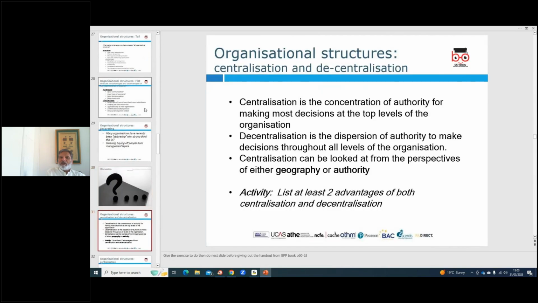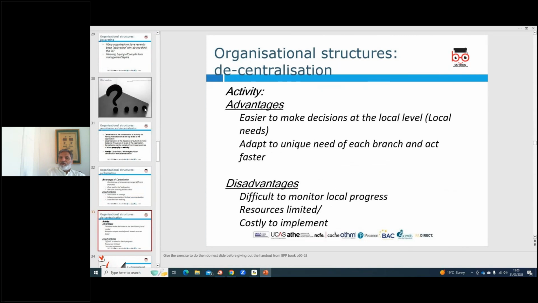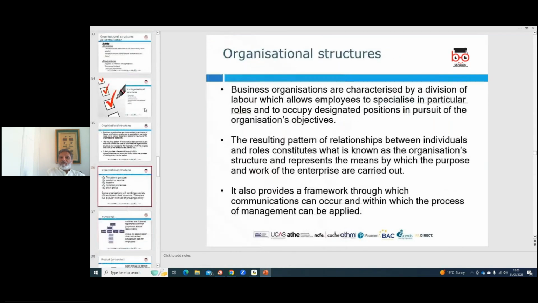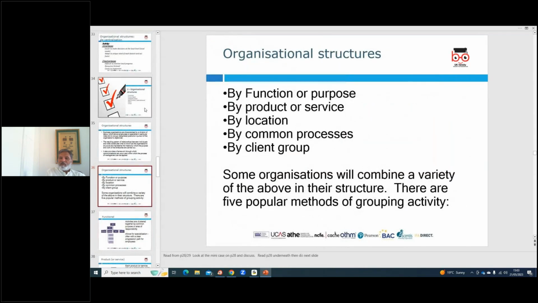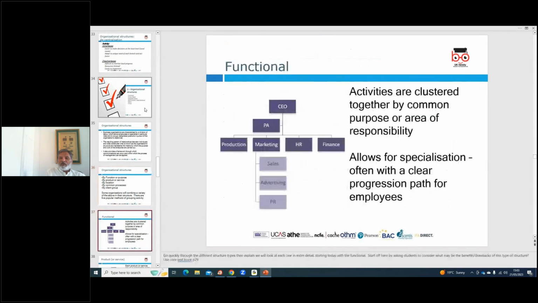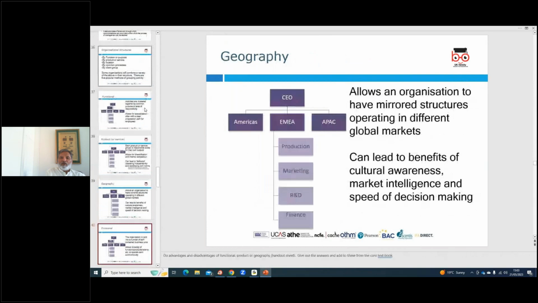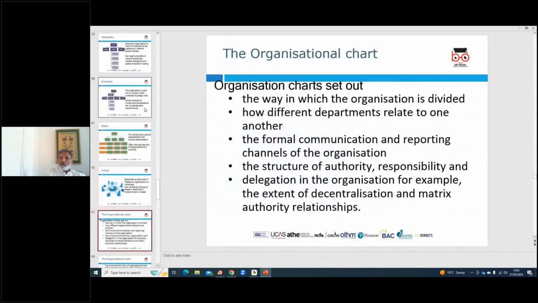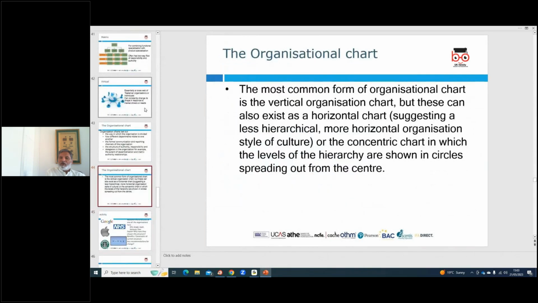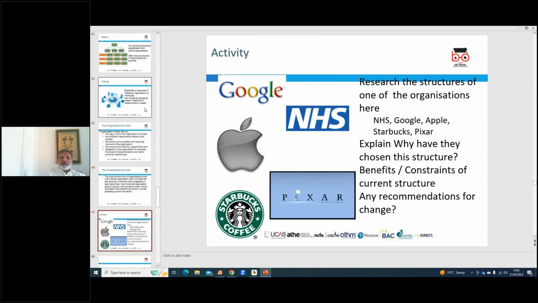We looked at concepts like functions, products, and geographical location. And lastly we looked at the interrelationship of all of these functions within an organization to achieve its objectives.